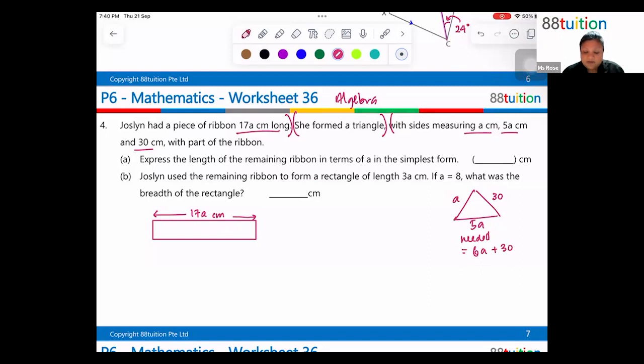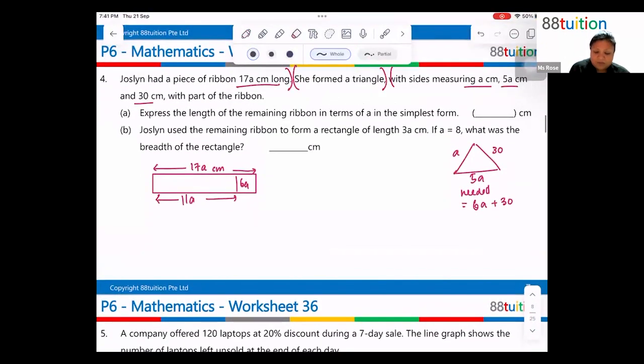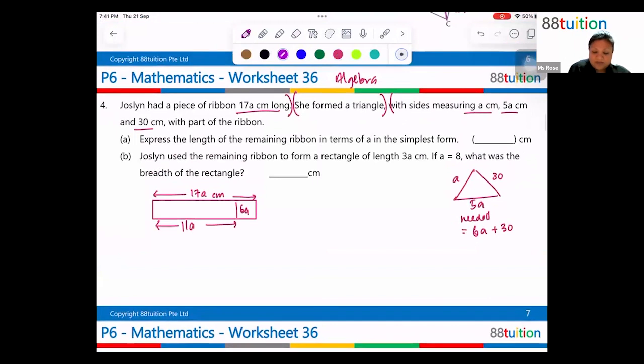Right? So that's what is needed. This part, yes, that's right, Niall. So we need to remove 6A. We're left with 11A. Then we still need to make sure that we remove another 30 cm.